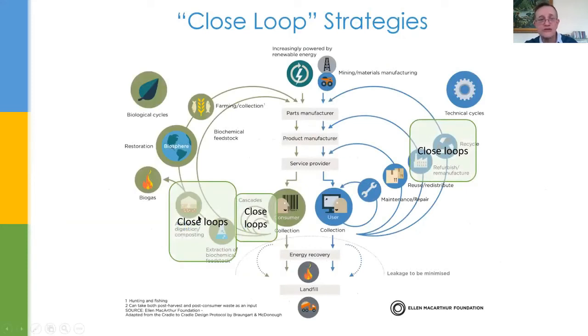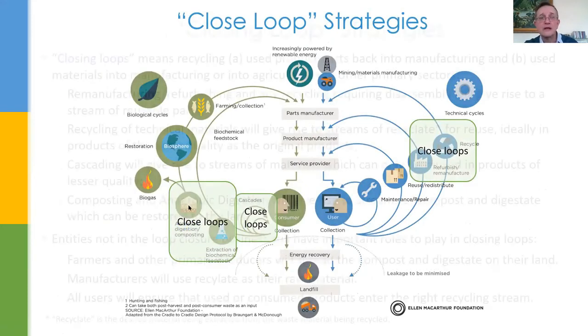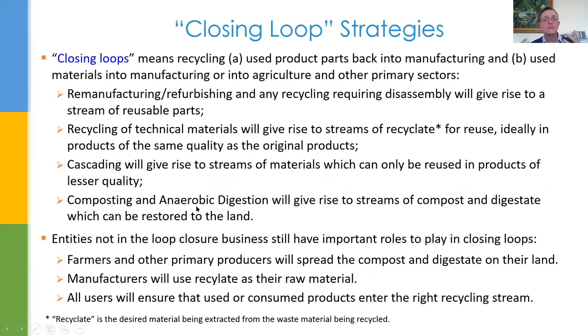Let's have a look at the closed loop strategies now. And we're going to look at these three things. Now, again, closing loops means recycling not just materials, but also used product parts back into manufacturing, and then materials into manufacturing or into agriculture if we're talking about biological materials. Remember that remanufacturing and refurbishing and any recycling activities which require disassembly can give rise to a stream of reusable parts.